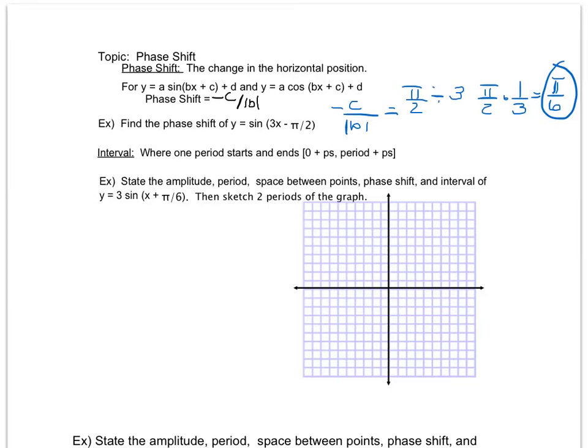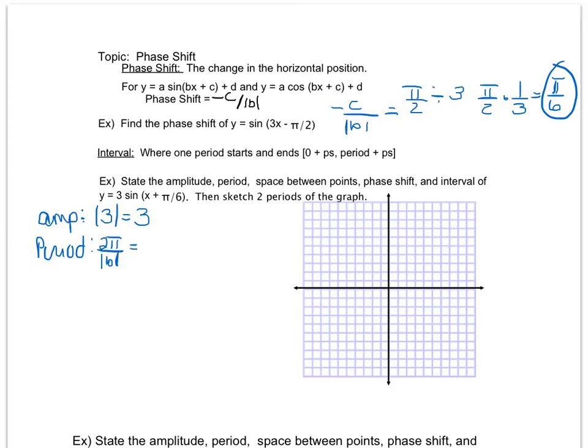So I know my amplitude is always the absolute value of a. So amplitude is going to be the absolute value of 3, which is just 3. And then my period, and I probably should be putting my formulas in here so I can get those down, is going to be 2 pi over the absolute value of b.